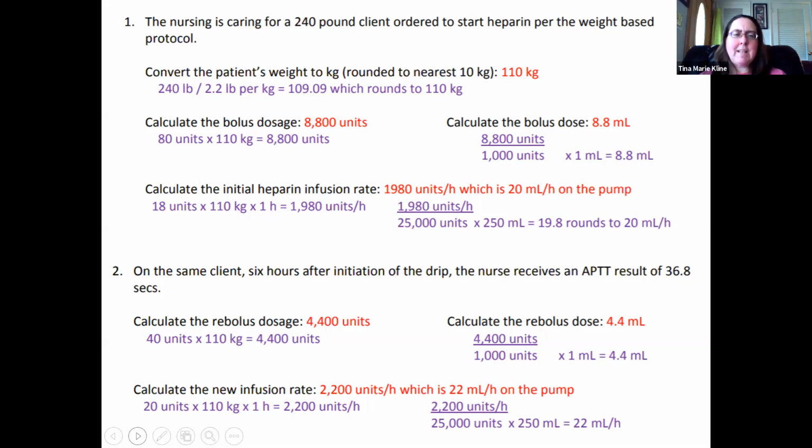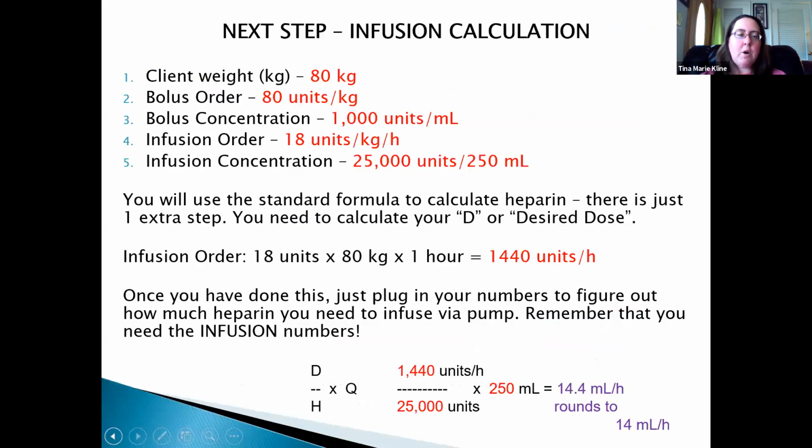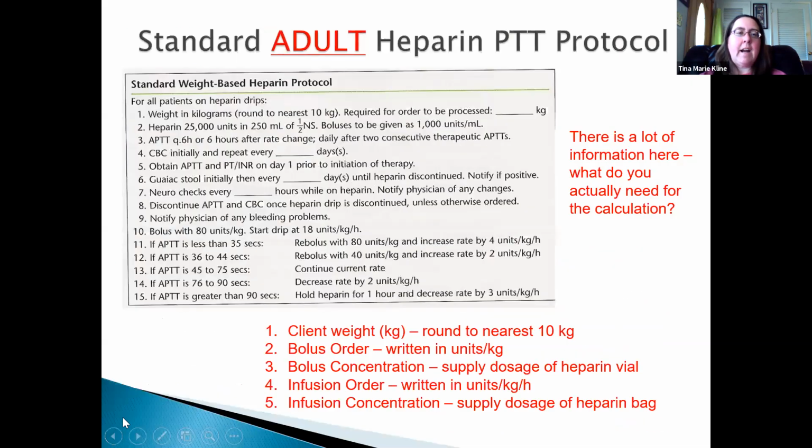Unfortunately, when I did this slide, I didn't put the protocol back in front of me, but I'm going to go back a couple slides just to show you there. On the protocol, you'll look at numbers 11 through 15. Those are going to tell you how you titrate the drip. So if your APTT is less than 35 seconds, this is what you're doing.